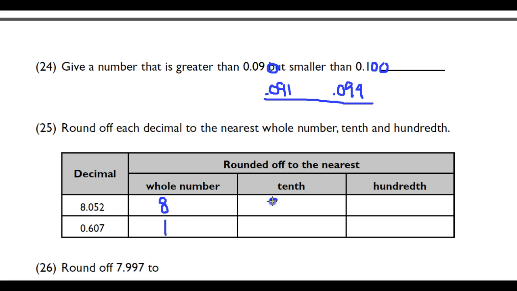So this is 8.1. And the bottom here, what do we have here? The tenth here. This is left with still 0.6. It doesn't change to 0.7. Why? Because the number next to it is 0, exactly 0.6.